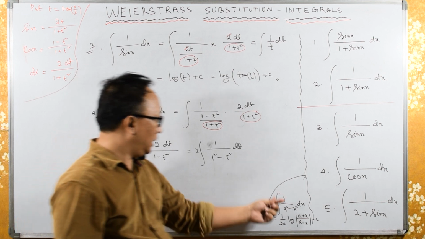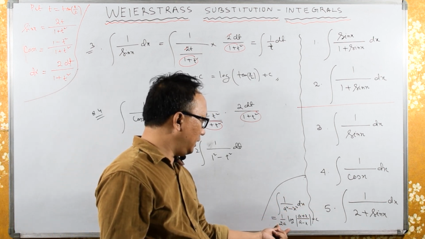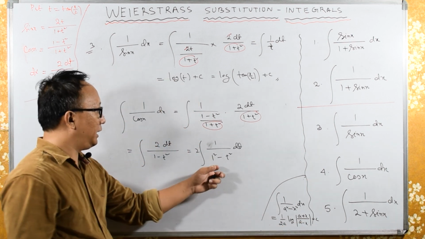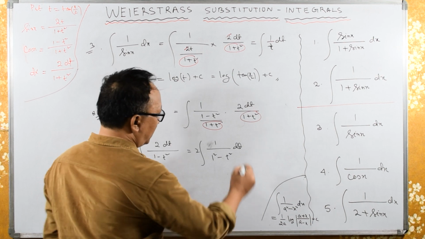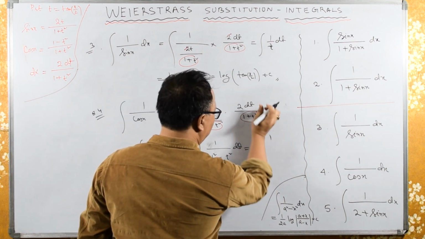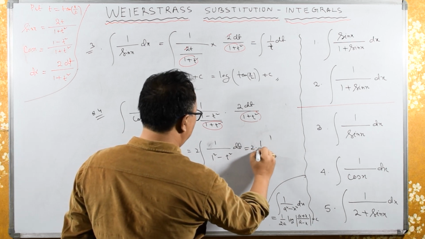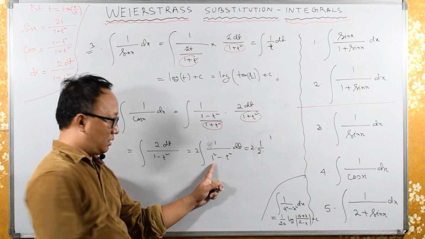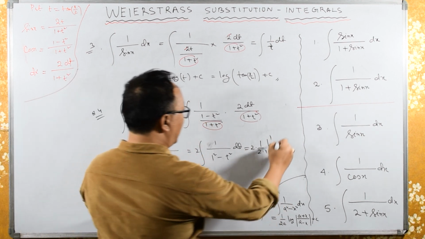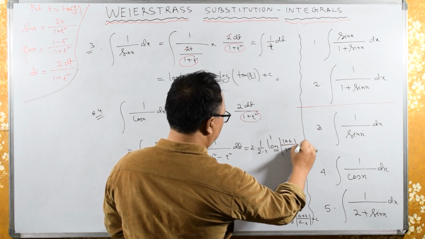The formula is 1 by twice a log of a plus x upon a minus x. Here a is 1, x is t. Already 2 we have, 1 by twice a, where a is 1. Therefore log of a plus x means 1 plus t upon 1 minus t plus c.